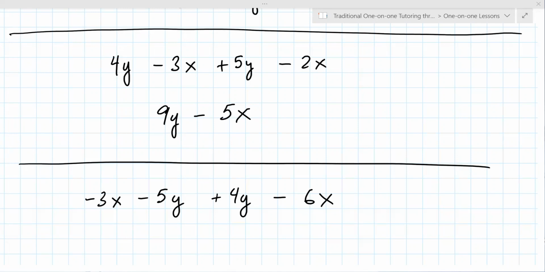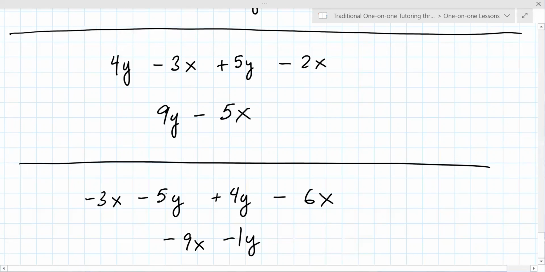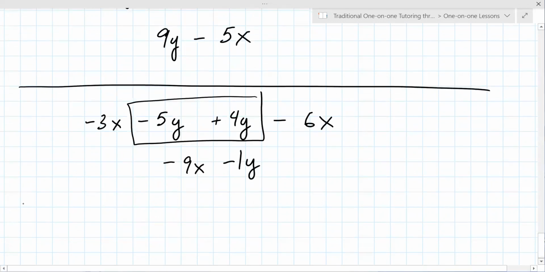Negative 9x plus 1y. I was not saying negative 1. I was saying 1y. I heard subtract 1y, but I was supposed to be saying add, and I put down 1y.